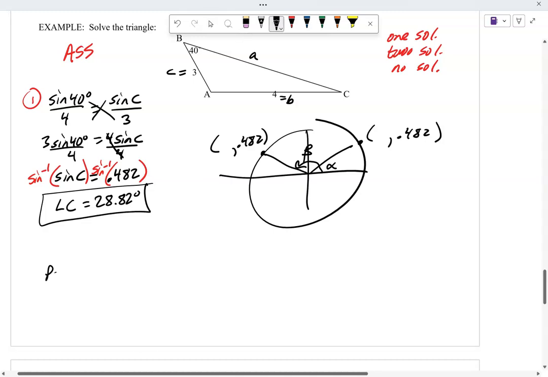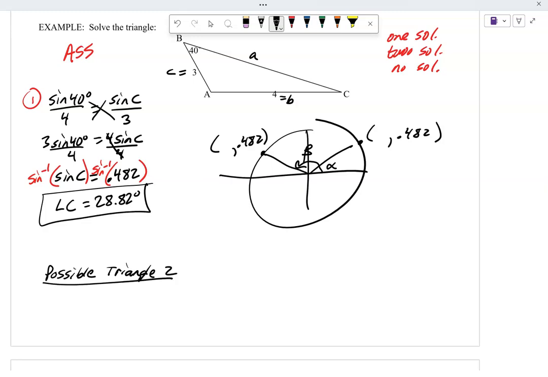So possible triangle 2 would be, I'm going to call it angle C2, which would be the beta, would be the 180 minus 28.82. So that would give me a possible 151.18.